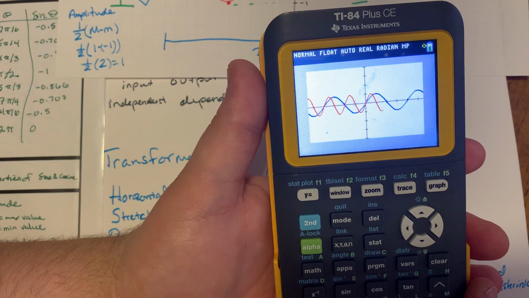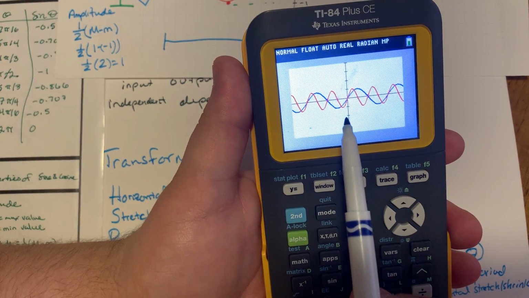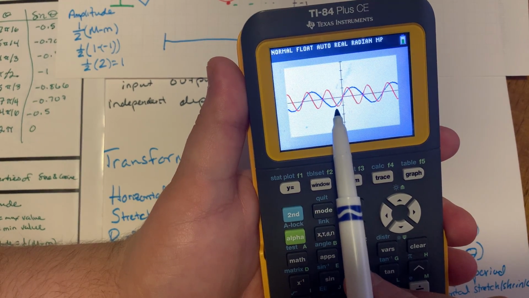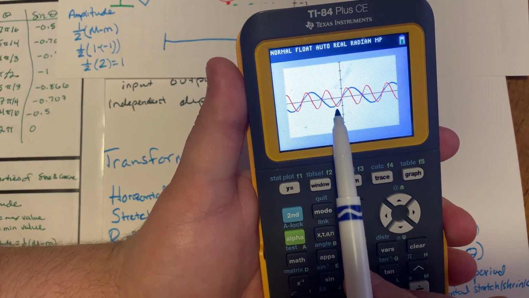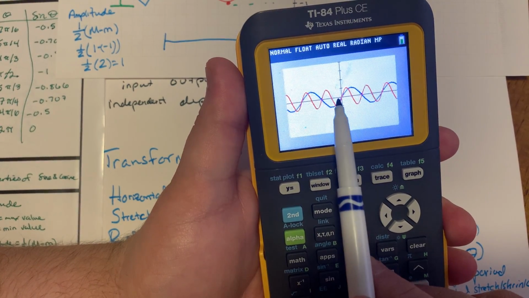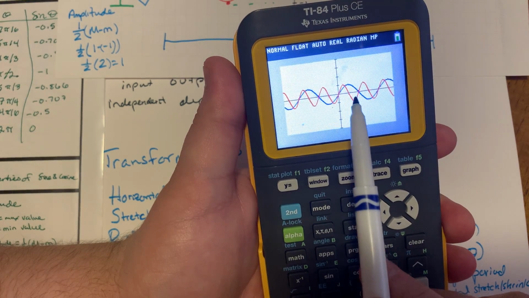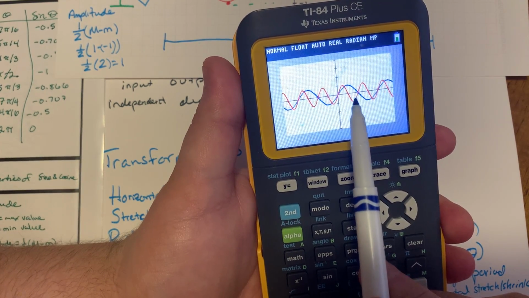How long now does it take us to repeat? Well, before, we can look from this peak, or this valley to this valley, or this 0 to this 0, the entire cycle, the entire period happens in pi now.